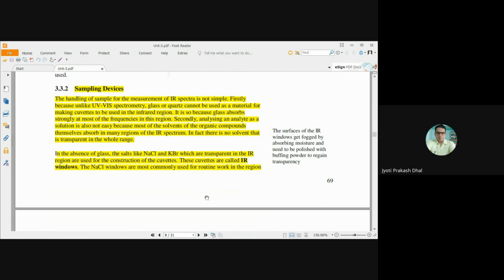It is so because glass absorbs strongly at most of the frequencies of this IR region, and secondly, the analysis of an analyte as a solution is not easy because most of the solvents of the organic compounds themselves absorb in many regions of the IR spectrum.